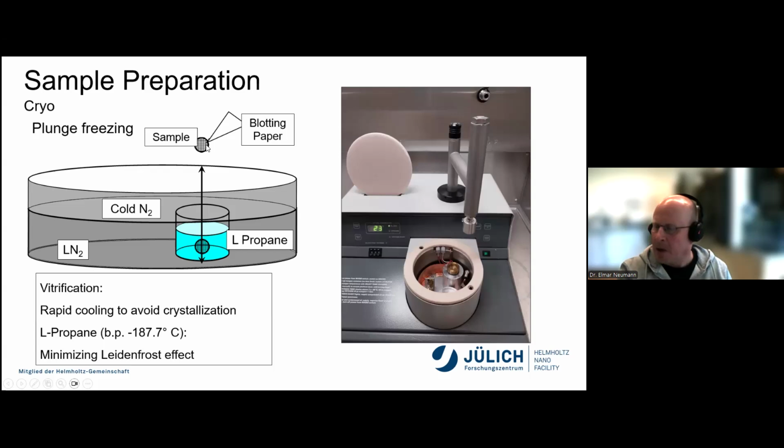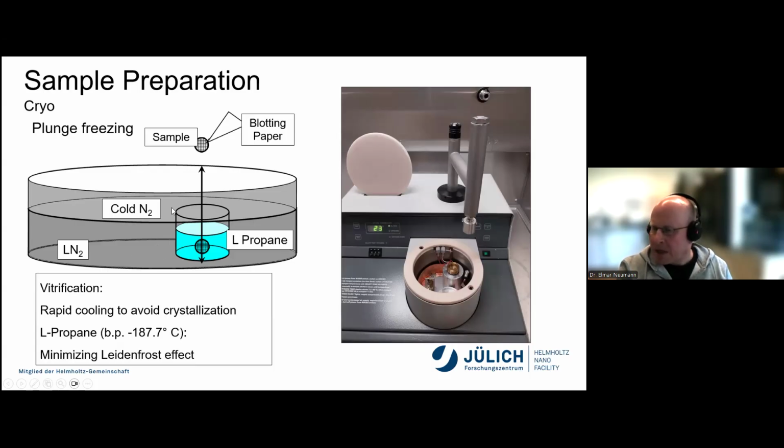In this case, I have a TEM grid with possibly cells on top, and this sample is then moved rapidly into a liquid propane container with temperatures around minus 180 centigrade.